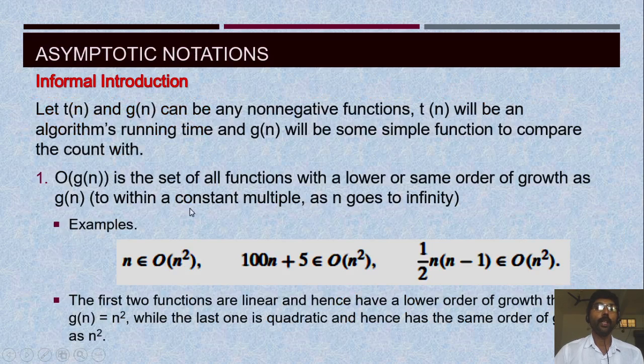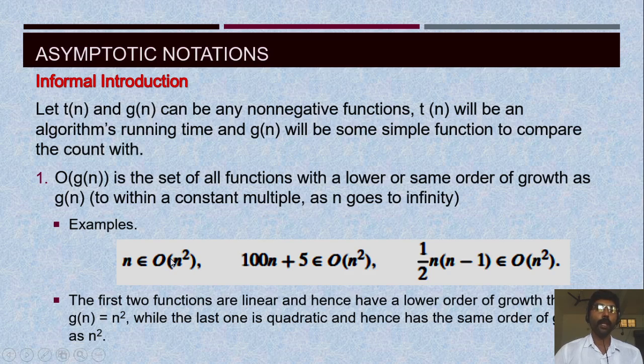Here it is explaining that g of n is multiplied by some constant value and n should go to infinity, meaning a very large number, a large input size.